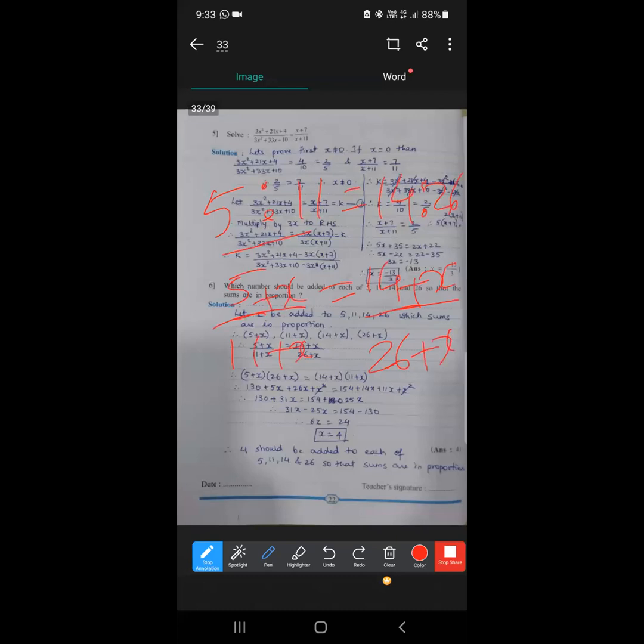Equal to sign, again do the cross multiplication. After doing the cross multiplication, (5 plus x) into (26 plus x) is equal to (14 plus x) into (11 plus x). Multiply each and every term with the second bracket: 5 into 26 is 130, plus 5 into x is 5x.